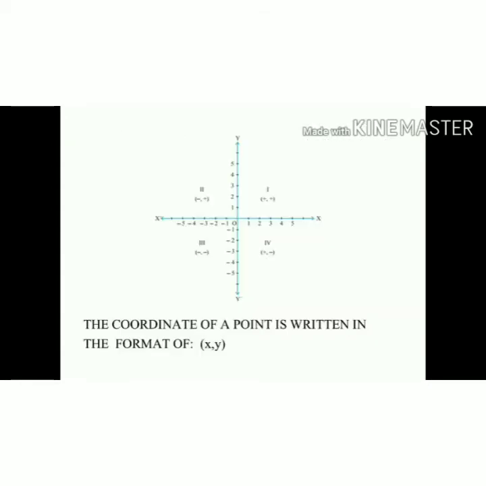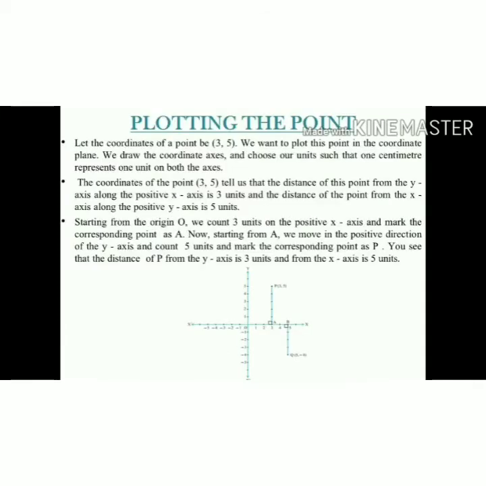Always remember that the coordinates are written in the format x, y, that is, x written first and then y. Also you can see in the diagram, in the first quadrant the coordinates are positive, positive. In the second quadrant, negative, positive. In the third quadrant, negative, negative. In the fourth quadrant, positive, negative.